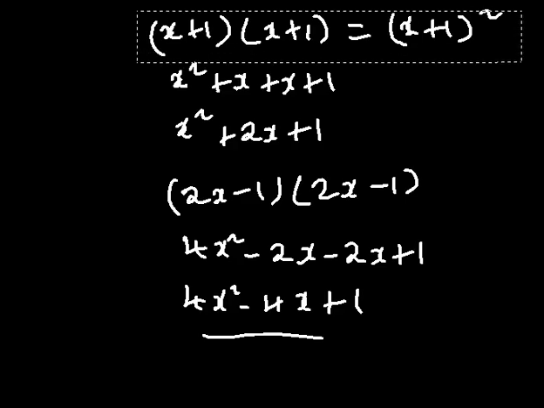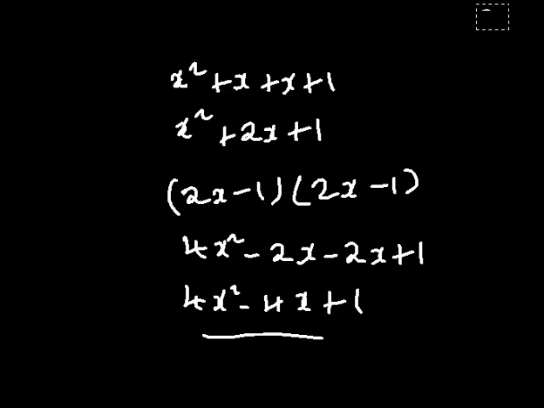A quadratic expression can be said to be a perfect square basically if it is formed from two similar binomial expressions.